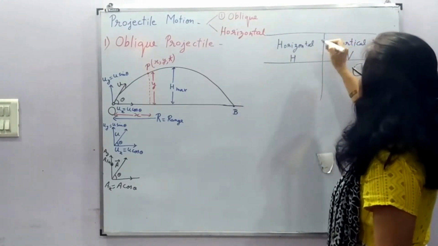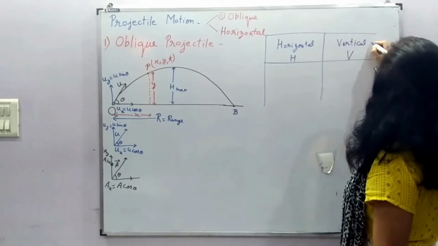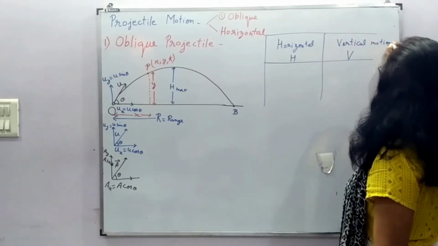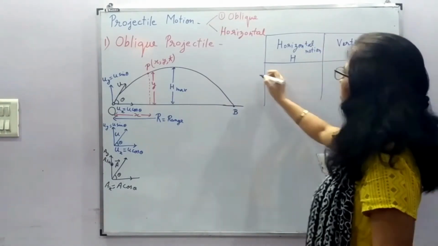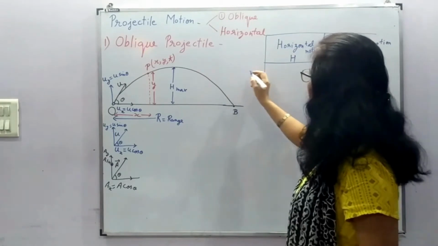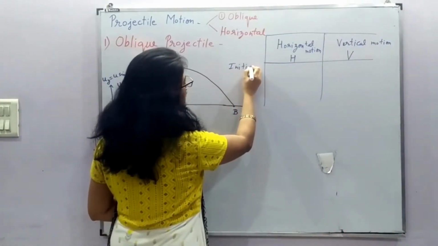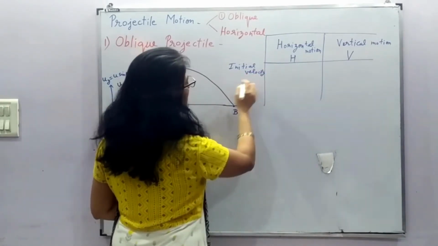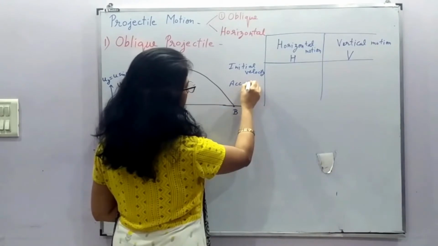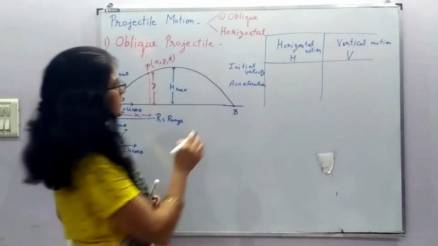I will write initial velocity, acceleration and then final velocity.